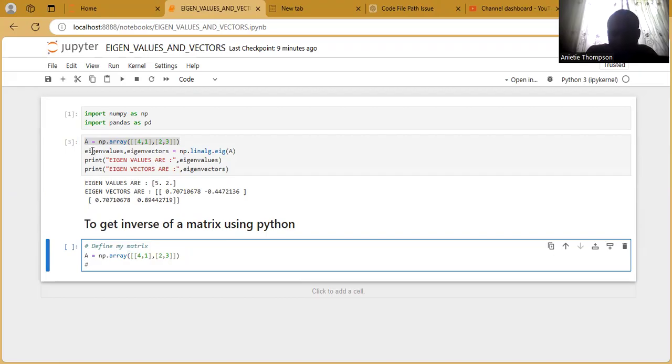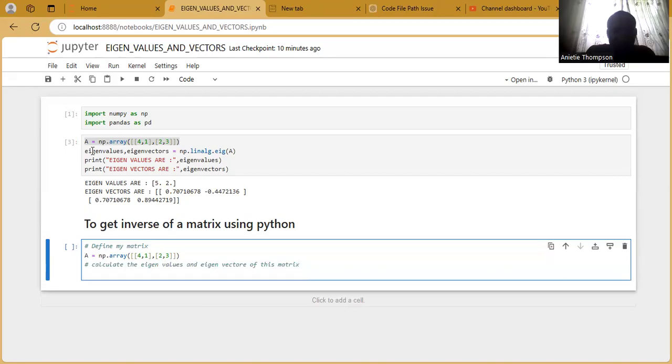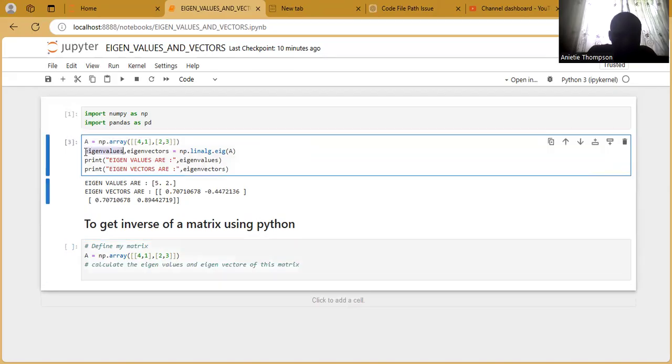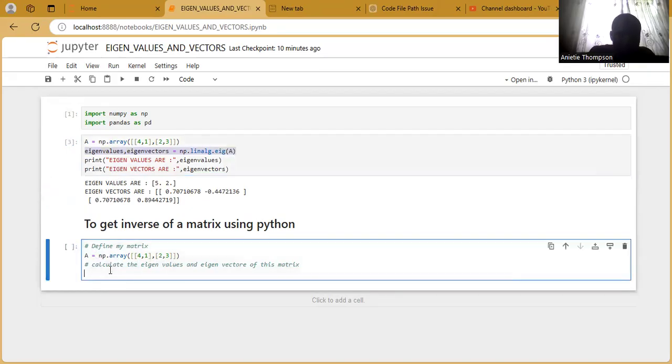The next thing is to calculate the eigenvalues and eigenvectors of this matrix. To do that, I'm just going to copy this again, because this is what calculates those. Control C, bring it down here, and Control V.